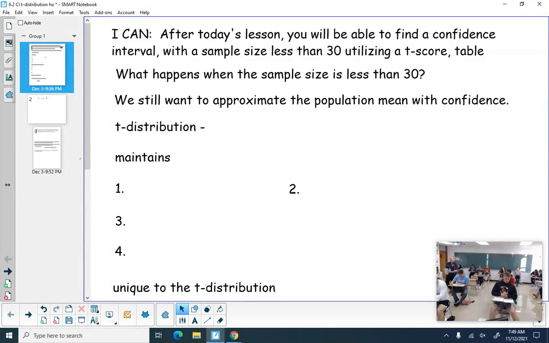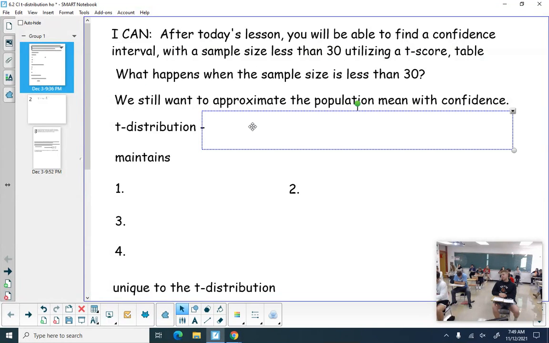But the question is, what happens when our sample size is less than 30? We still want to be able to get a good guesstimate of our population mean. So what we utilize to do this is what is called a t-distribution.